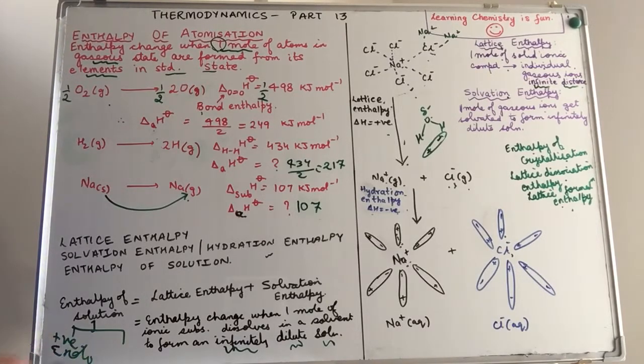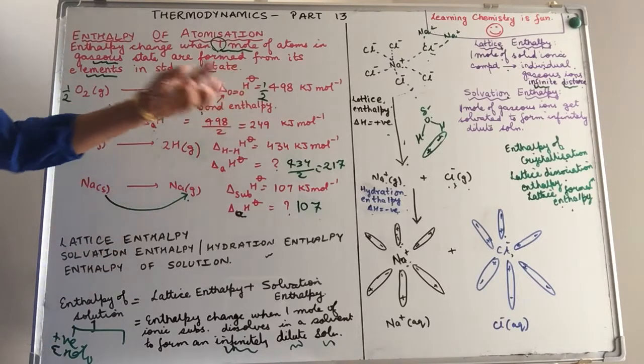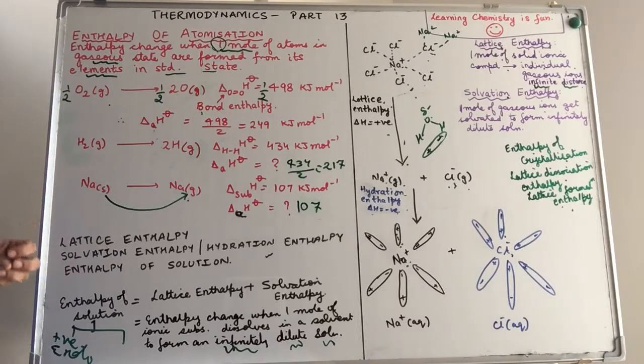In other words, heat is being absorbed. The amount of heat absorbed is more than the amount of heat given out. Then your test tube will become cooler. That means it's an endothermic process. On the other hand, if your test tube becomes heated, that means the enthalpy of solution is negative. Heat is being generated when you are dissolving.